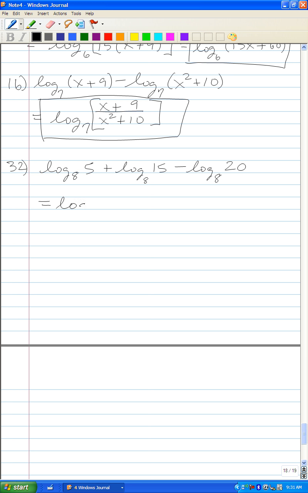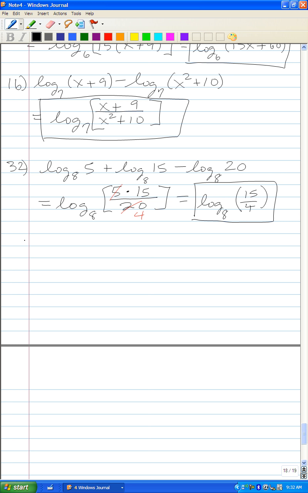So this is the same as log base 8 of 5 times 15 over 20. You can actually simplify this. So let's do that. 20 divided by 5 is 4. So this is the same as the log base 8 of 15 over 4. You can simplify this more, but maybe I'll just leave it in that form.